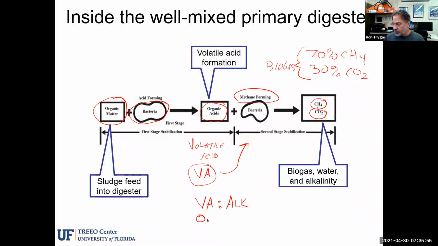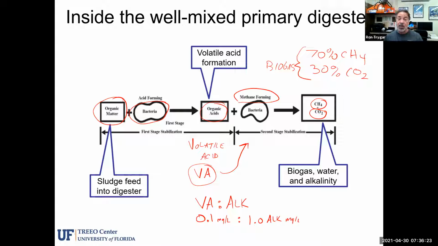We'd have 0.1 parts, or milligrams per liter, or however you want to word this. We're just going to say milligrams per liter for this example. 0.1 milligrams per liter for every 1.0, one whole part of alkalinity as milligrams per liter. So 0.1 to 1 is the numbers we're looking for.